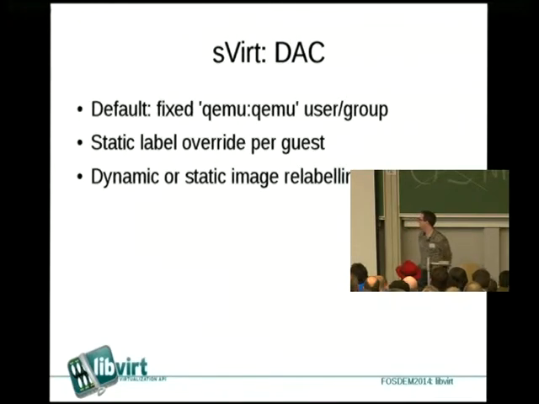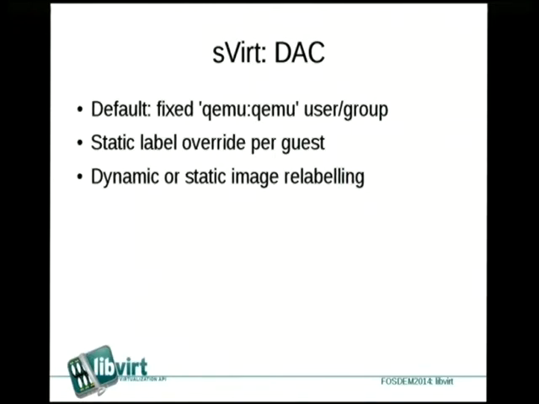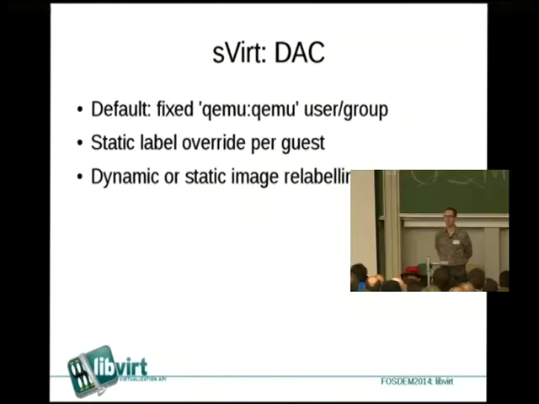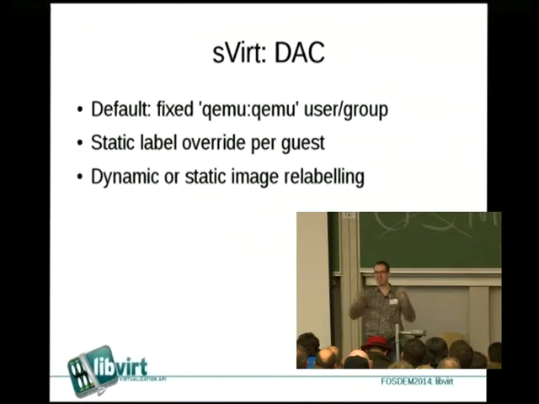Further developing the sVirt framework, we've now introduced a proper discretionary access control mechanism. So a few minutes ago I said every QEMU process runs as the same user ID. Well, now it's possible to give them all their own unique user ID.